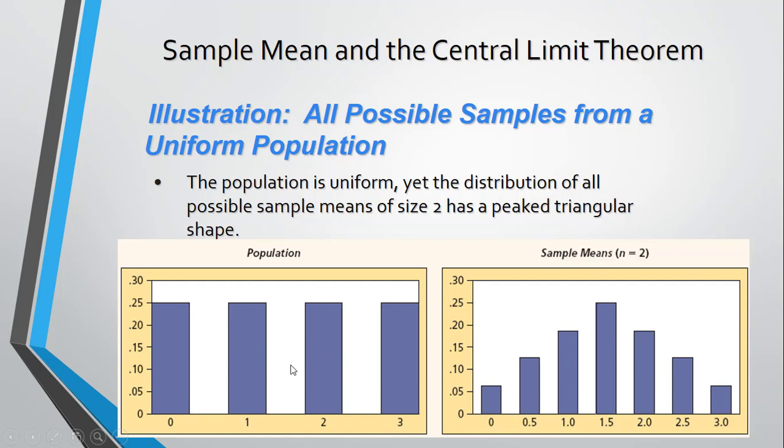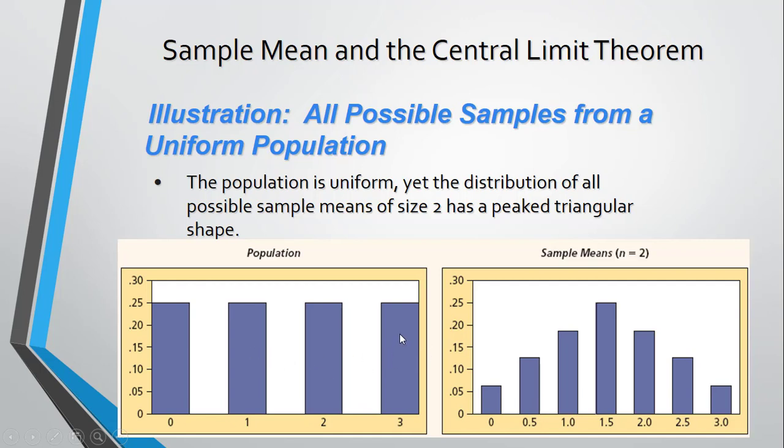If you take a sample of 2 randomly, say the first 2, 0 and 1, the mean will be 0.5. If you take 1 and 2, the mean of these 2 will be 1.5. If you take 2 and 3, the mean will be 2.5. What if you take 1 and 3?